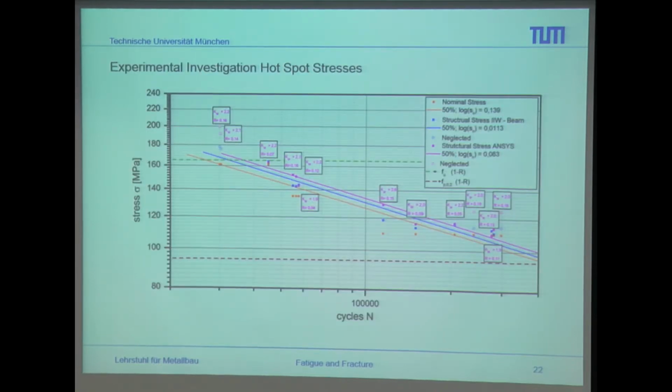So how does it look? For example, we did it for some aluminum alloys in our case, and here the nominal stress approach would be the orange line.